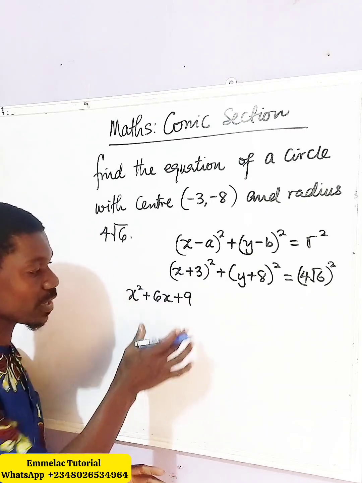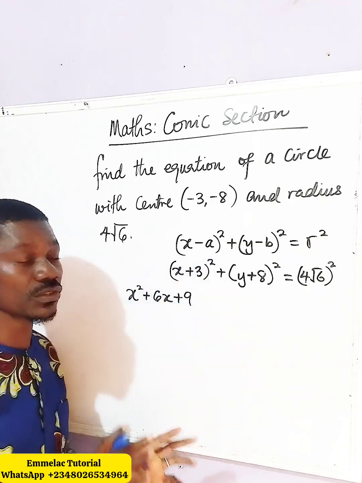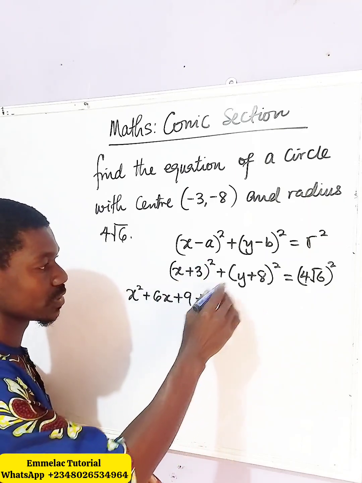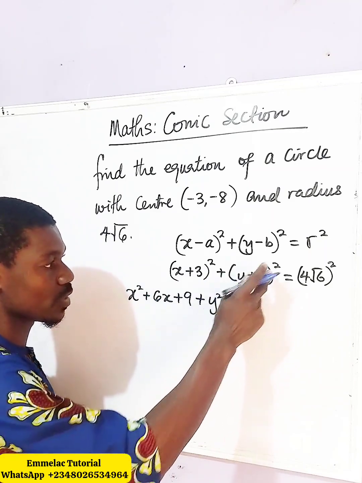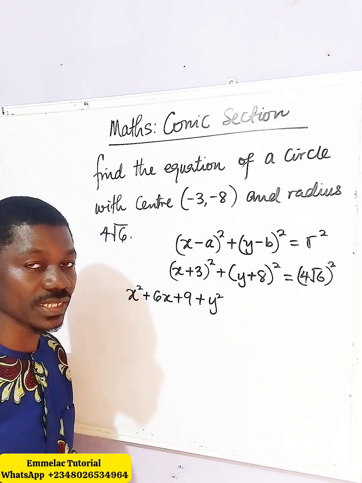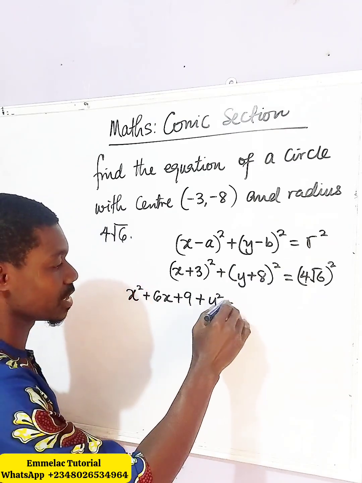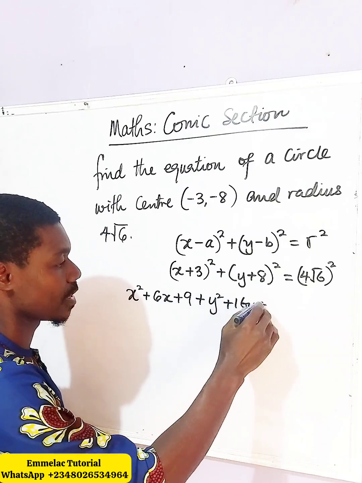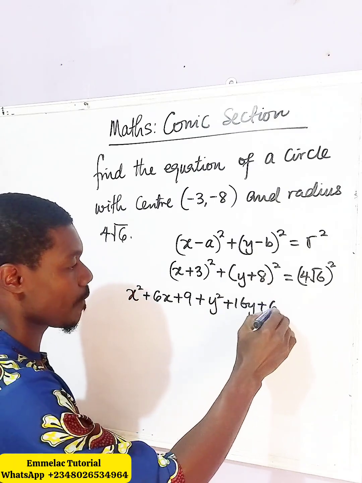Take note, this expansion trick is only meant for an expression to a degree of 2. Then plus y squared. Then y times 8 is 8y, times 2 gives us 16y. Then 8 raised to the power of 2 is 64.